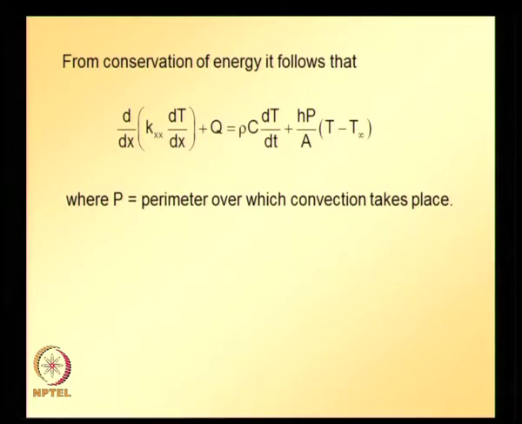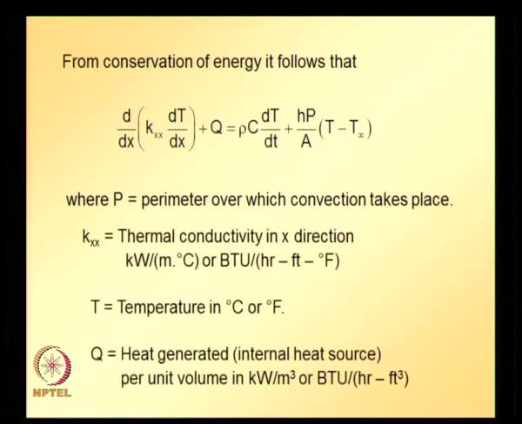In this equation, P is the parameter over which convection takes place, and other quantities have a similar meaning as what we have used for the steady state heat conduction problem. K_xx is thermal conductivity in the x direction, because this is a 1D problem, T is temperature, and Q is heat generated per unit volume.